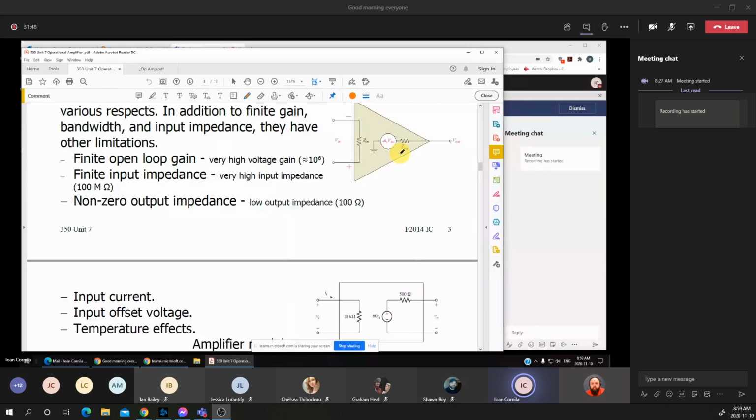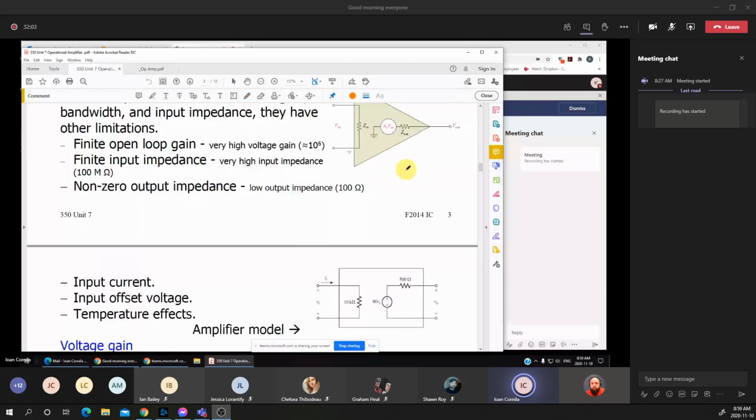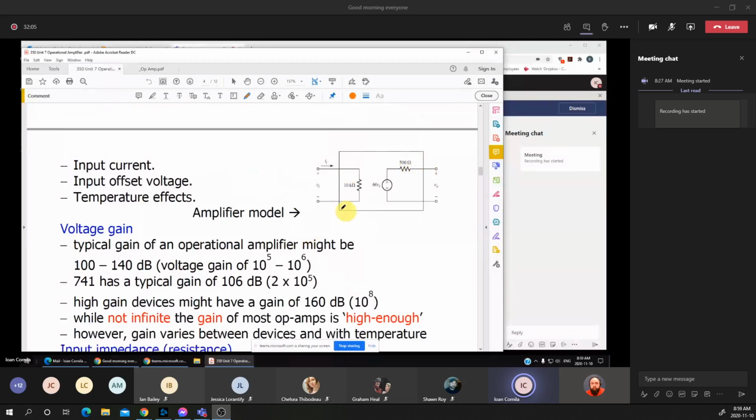We may use these values in our examples, and I'm trying to stay as close as possible to those real or practical values for the characteristics of the op amps. Now, how can we make the amplifier model to simplify the circuit? What is inside?